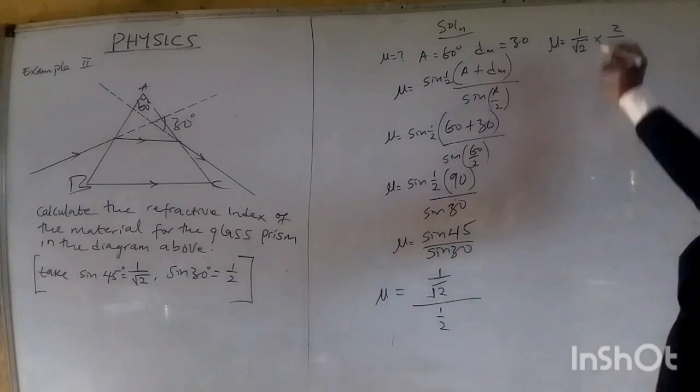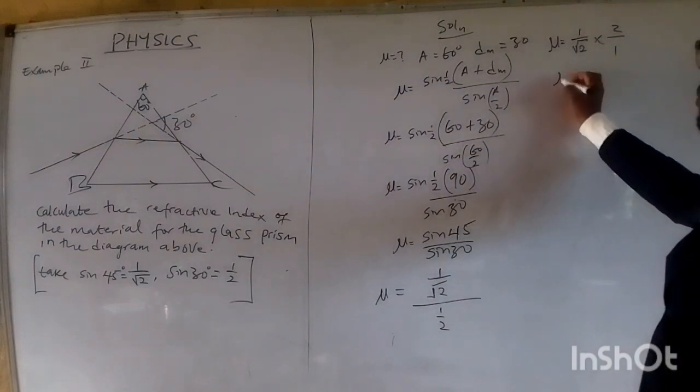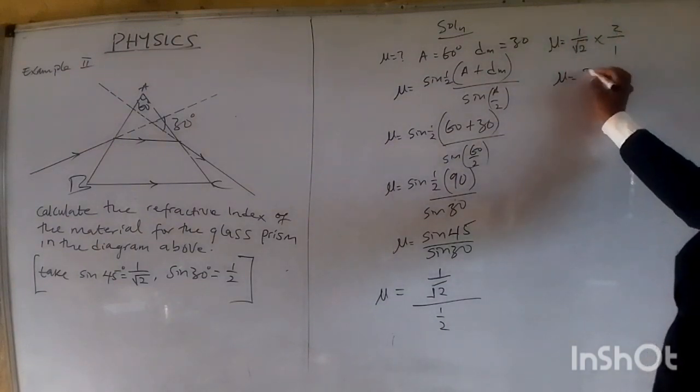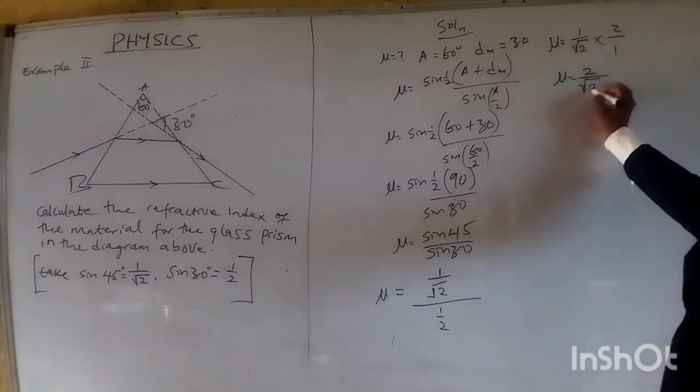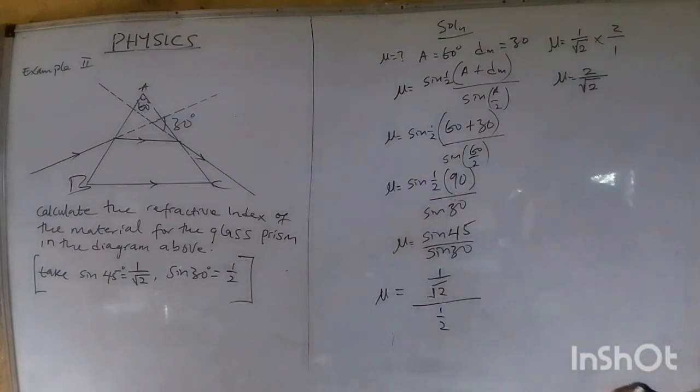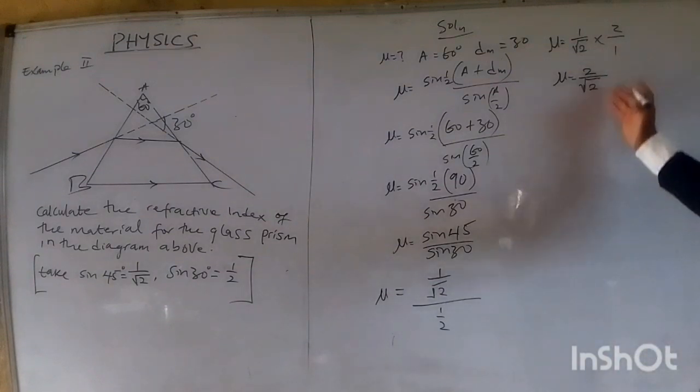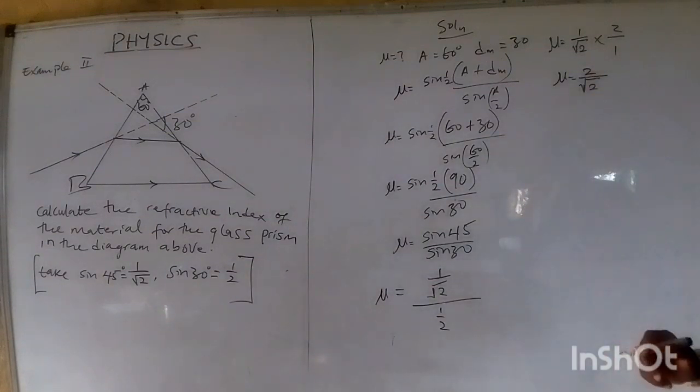We now have 2 times 1, 2, all over root 2 times 1, which is root 2. Now at this point, we multiply both sides by the value of the denominator, which is root 2.